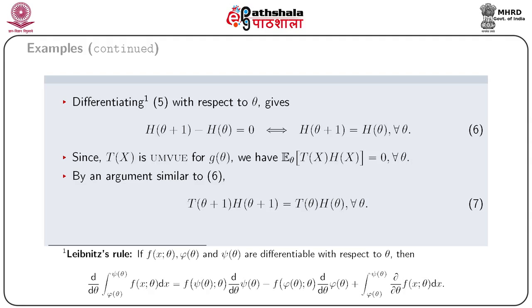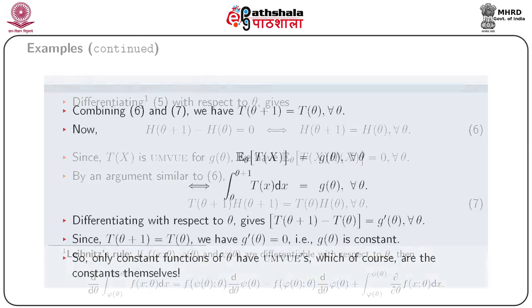By a similar argument as before, we get h(theta plus 1) into t(theta plus 1) equals h(theta) into t(theta) for all theta. We write this as equation 2.